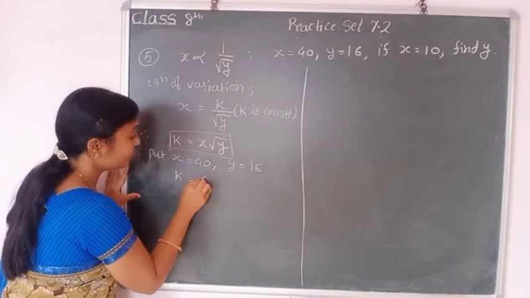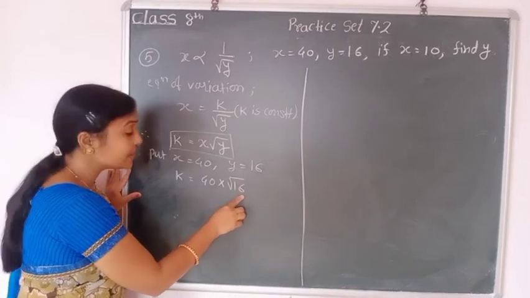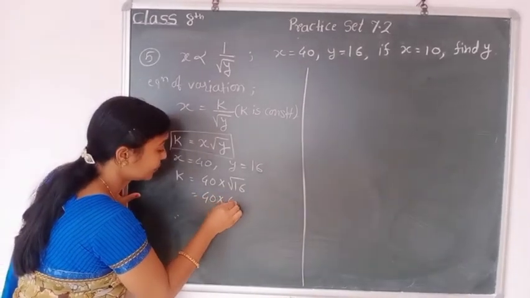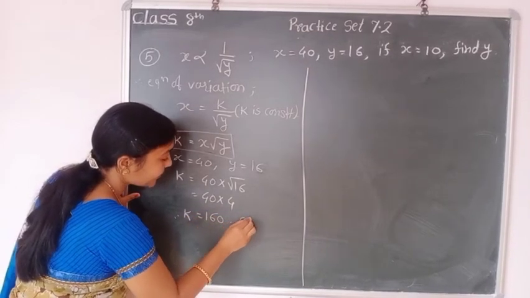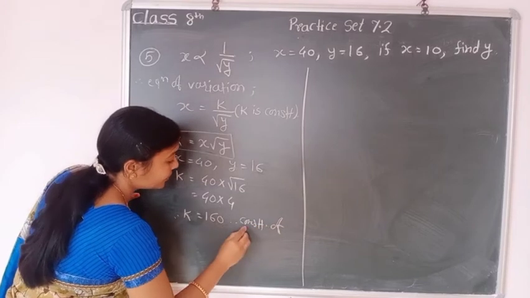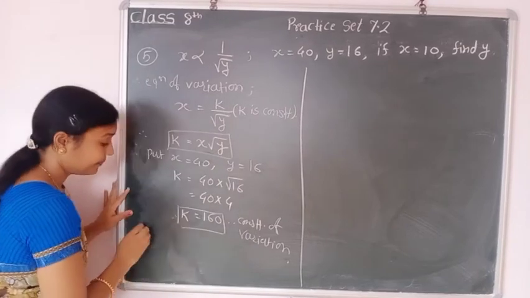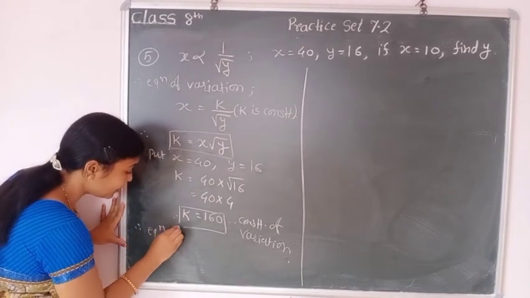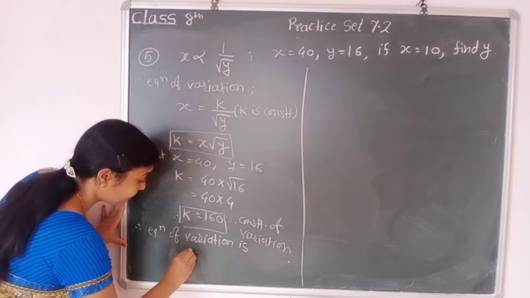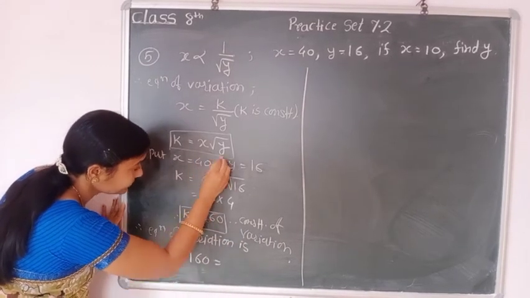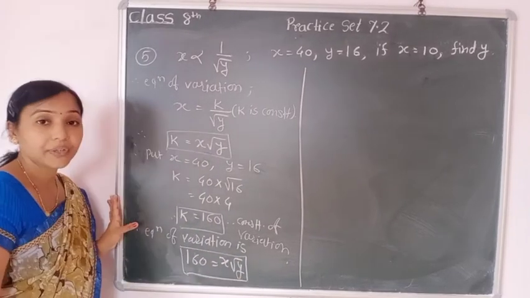Then k is equal to 40 into root 16. The square root of 16 is 4, so 40 into 4. Therefore k is equal to 160. This is the constant of variation, and therefore the equation of variation is 160 is equal to x root y. This is the equation of variation.